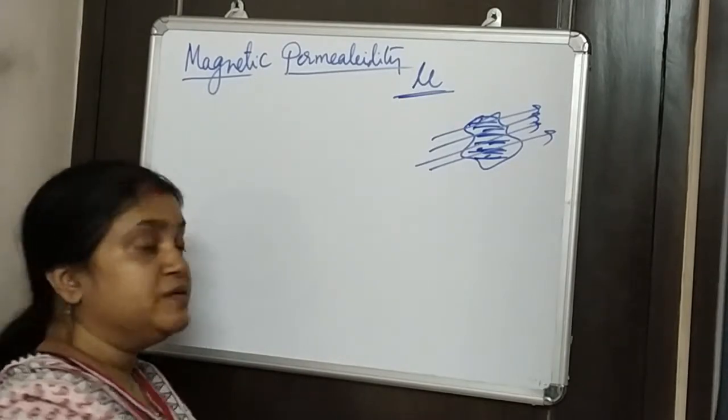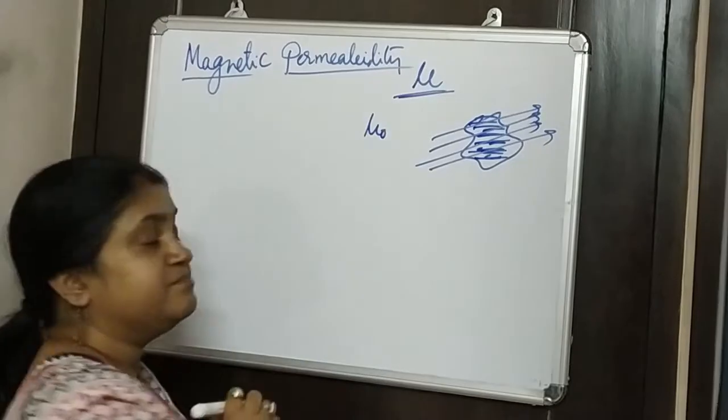The magnetic permeability for vacuum is known as mu naught.